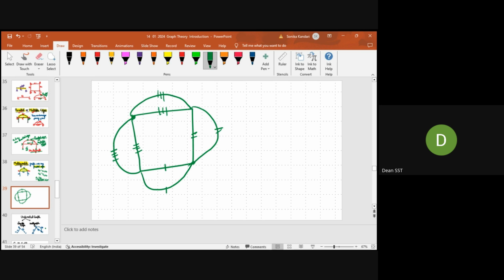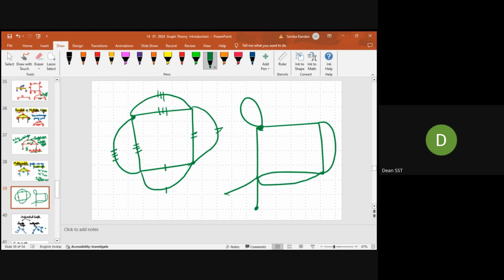In a graph, you can have any number of parallel edges, or you can have a graph with a loop and parallel edges. You can have any type of graph depending upon the problem to be solved. Is it clear? Yes, ma'am.